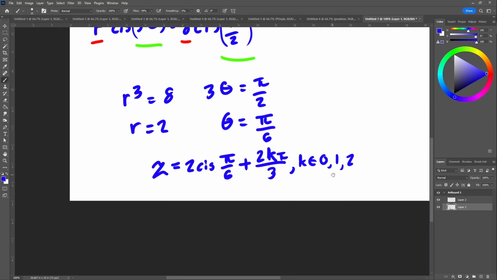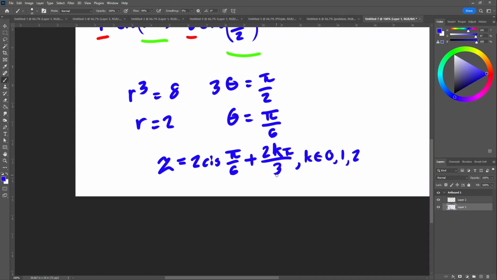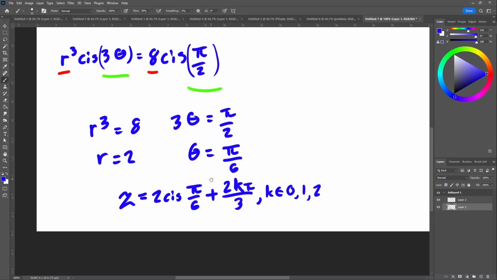So if we would add 2 pi over thirds, no, if we would have our solutions of pi over 6 plus 2 pi thirds, and then pi over 6 plus 4 pi thirds, those would be our 3 solutions to the problem.